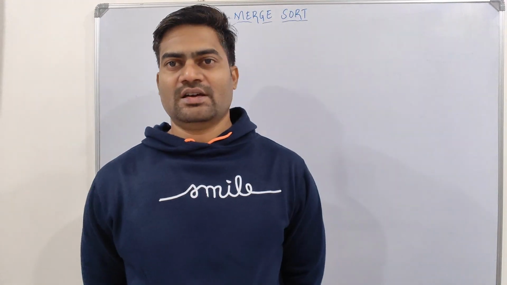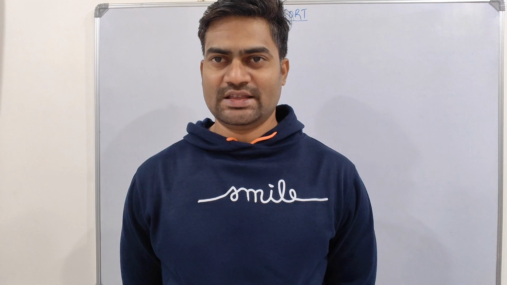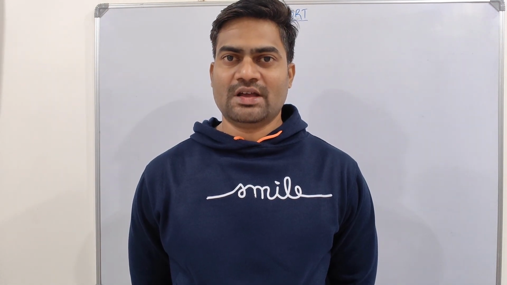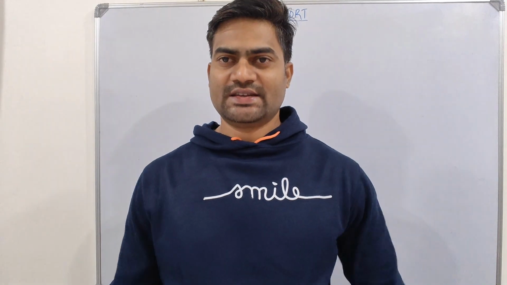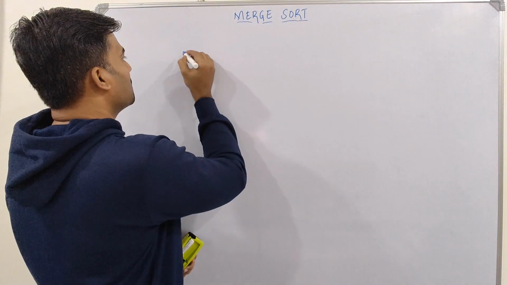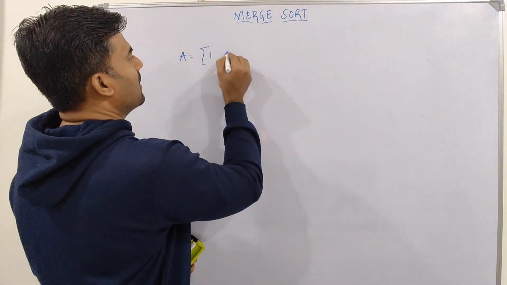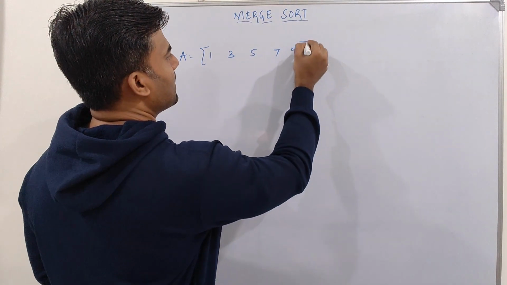Basically, let us consider two arrays which are already in their sorted order, and then we want to merge both the sorted arrays. Let us take the example. Let us take A equal to 1, 3, 5, 7 and 9.